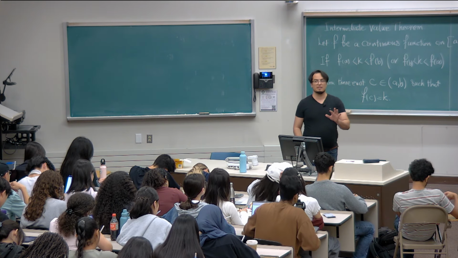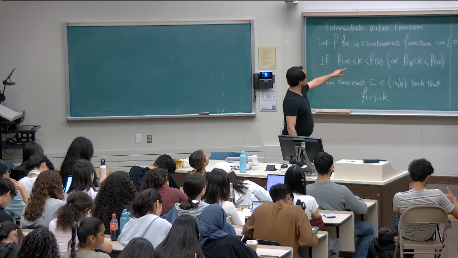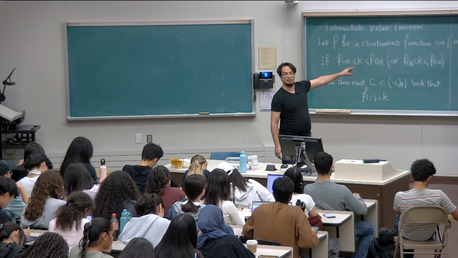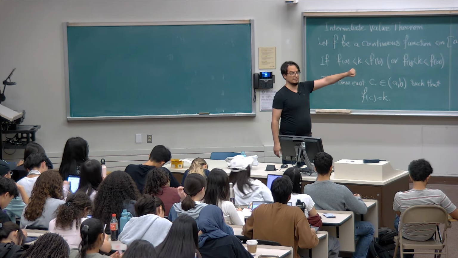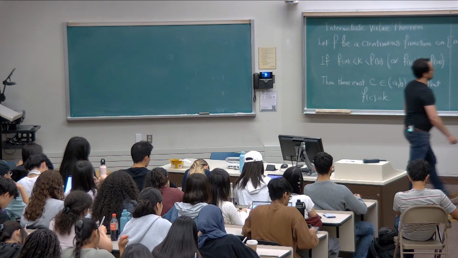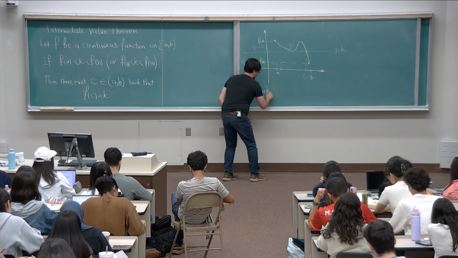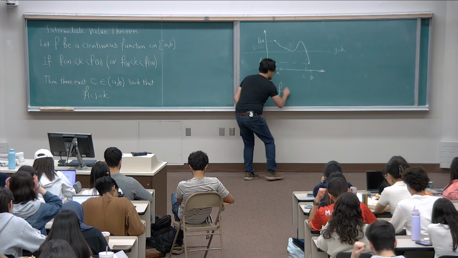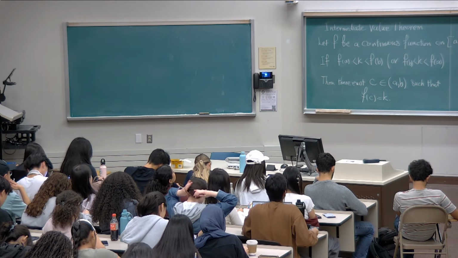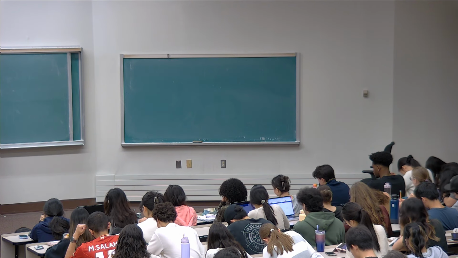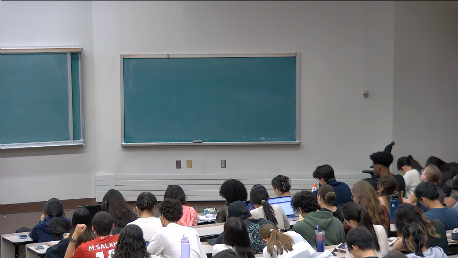But I will write one remark about continuity on an interval, and then we do the example. So, remark: f is continuous on the interval [a, b]. What does this mean?